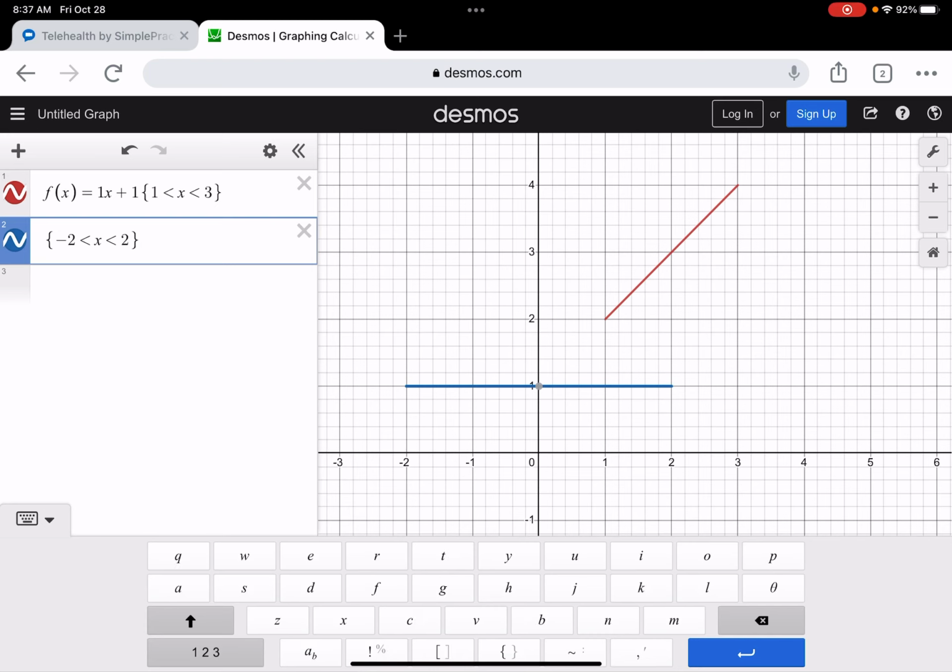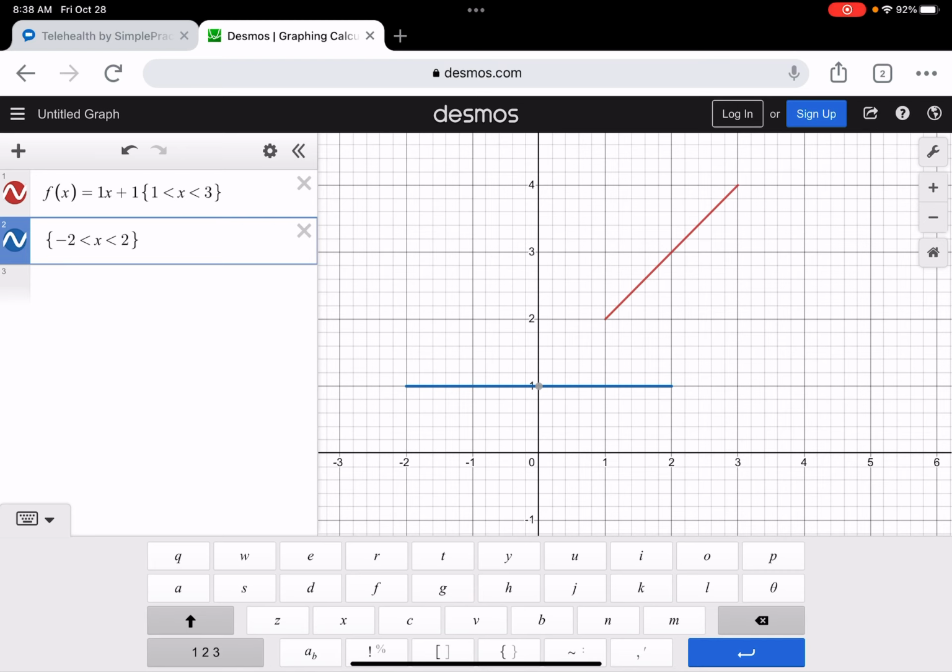So now I have a line from there, but I need to make a parabola. The form of a parabola, you can see on your paper, is written like this: f of x equals a(x minus h) squared plus k.